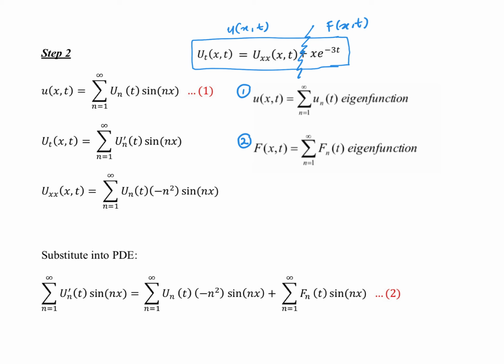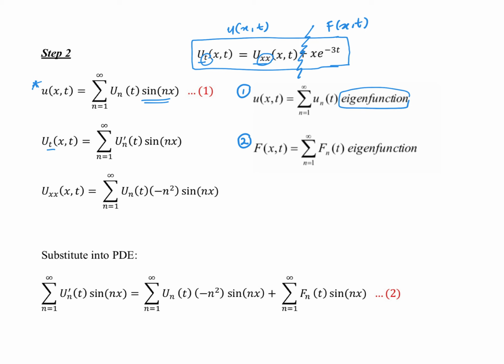Okay. In order to satisfy this equation, we must differentiate with respect to t and also with respect to x twice. So we differentiate this equation. We have u(x,t) = summation of u_n(t) and our eigenfunction. So our eigenfunction is sin(nx). So we just differentiate this equation with respect to t.